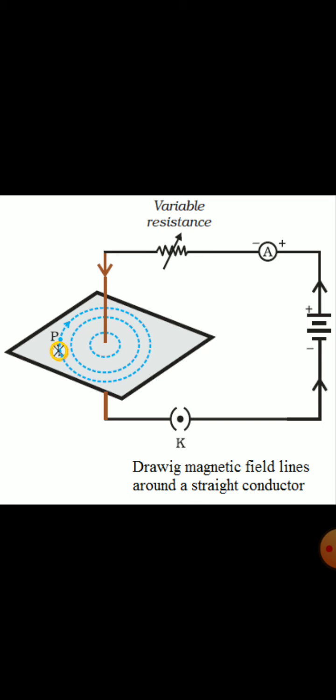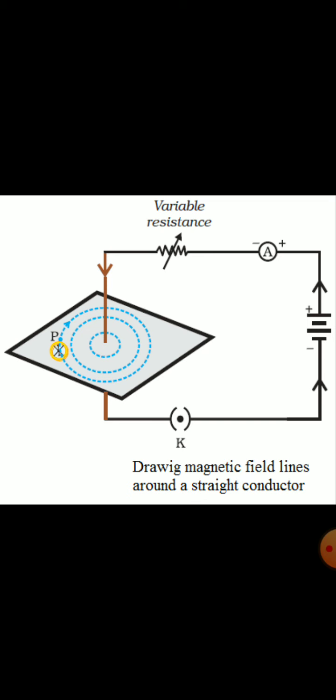For that, we can change the position of the compass, keeping it somewhere else, at point Q. Then we observe the needle. We will see that the deflection in the needle decreases. Thus, the magnetic field produced by a given current in the conductor decreases as the distance from it increases.